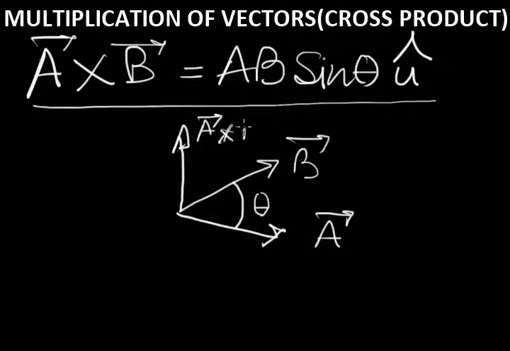We rotate our fingers, and the direction of the thumb of the right hand is the direction of A cross B. Similarly, if you are doing B cross A, then you start multiplying from B to A, and you reverse your fingers.